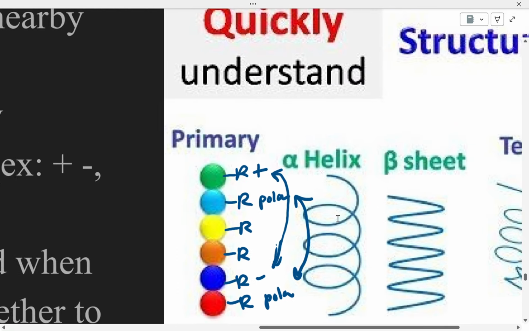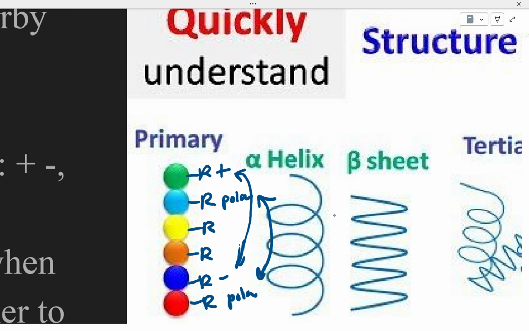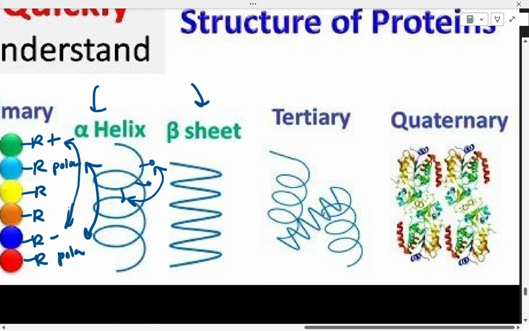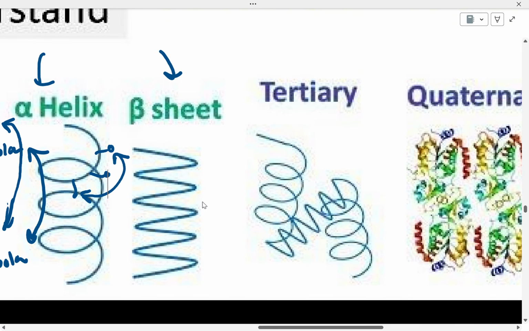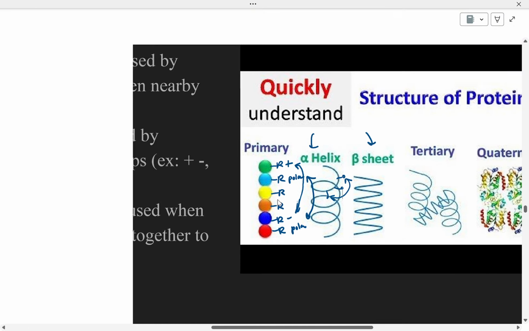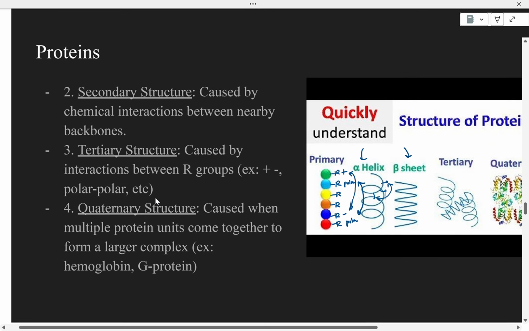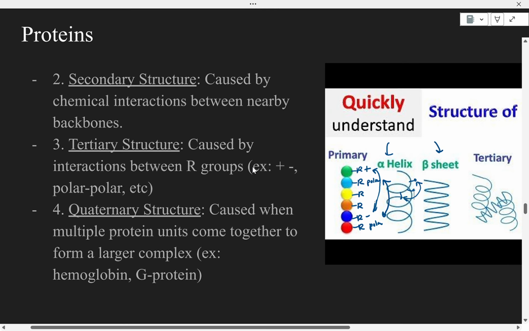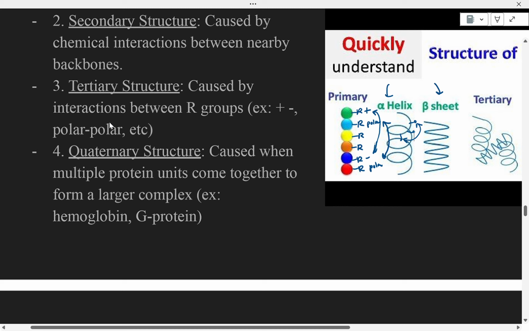So you can imagine once we have these helices and sheets, all the R groups will start attracting or repelling each other, and then bend the entire protein into these weird shapes like this, as you can see. So that's what we call tertiary structure, and remember that it's caused by the R groups. So for example, positive-negative attraction, polar-polar attraction. You could have polar, non-polar repulsion, etc., etc.